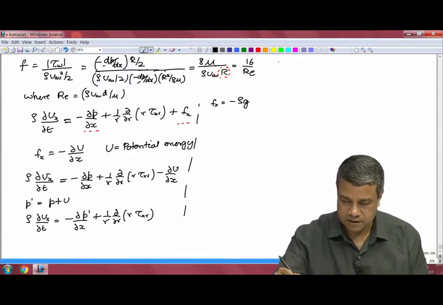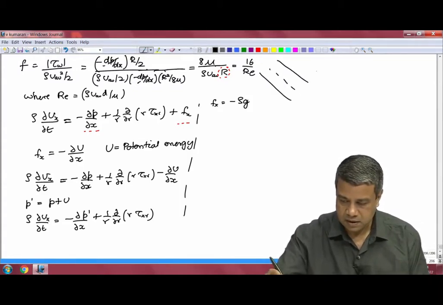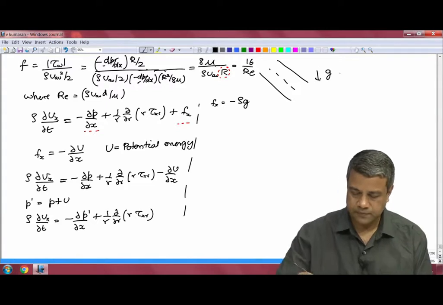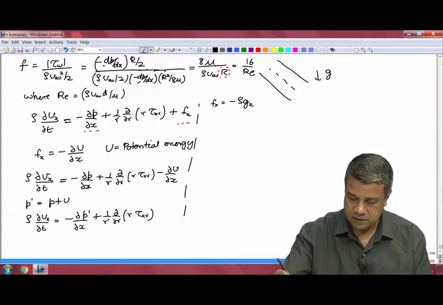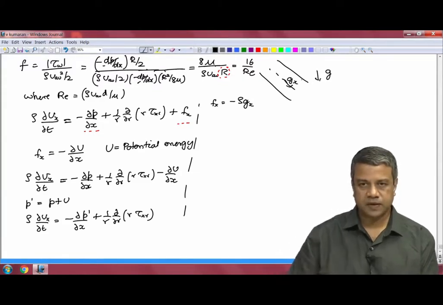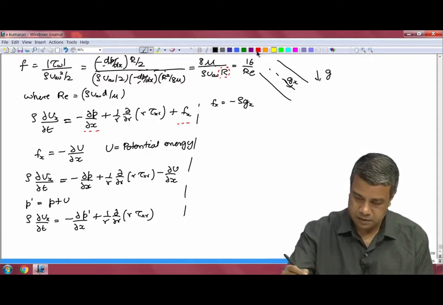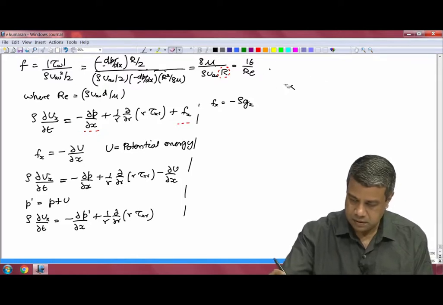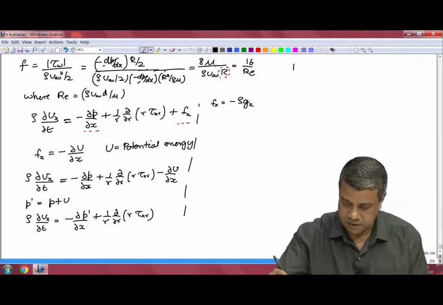if I have, for example, a pipe which is slanted, the force along this x direction will be g x. It's easier to take a vertical pipe in order to make the case.